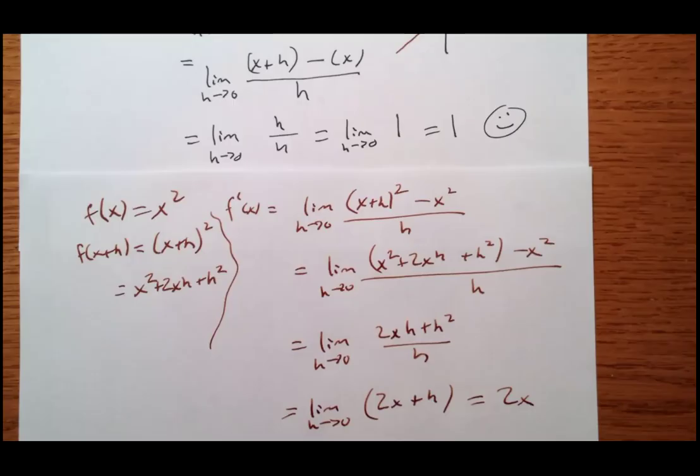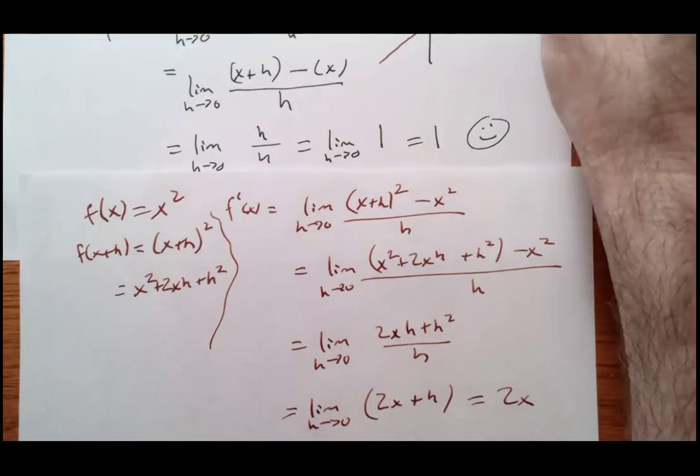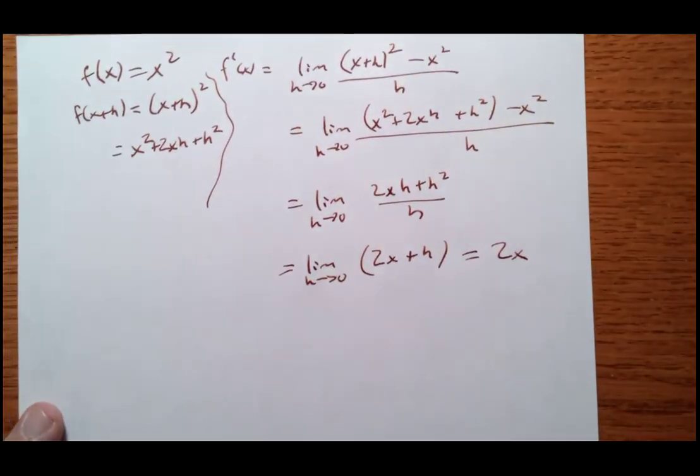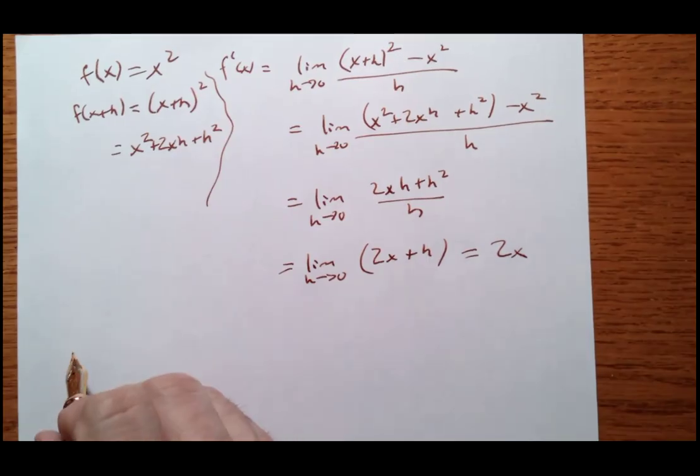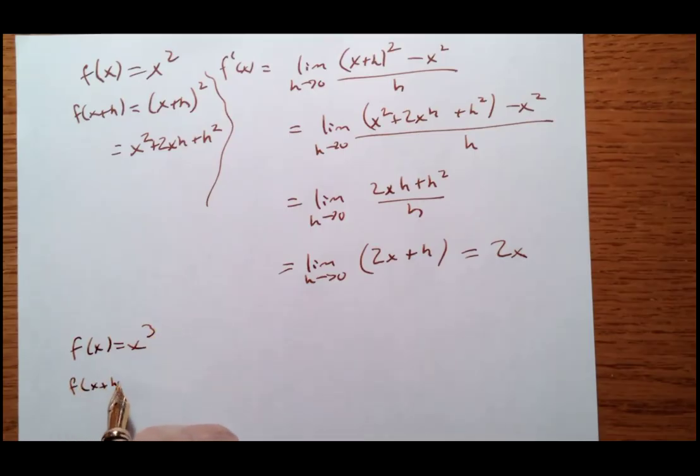Hey, we did something with an x cubed in it on Monday. Let's do an x cubed here. Again, we've already done one like this, but I'm going to do it again. f of x is x cubed. That means that f of x plus h is x plus h quantity cubed.